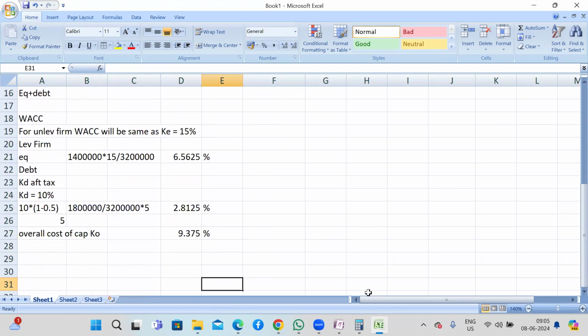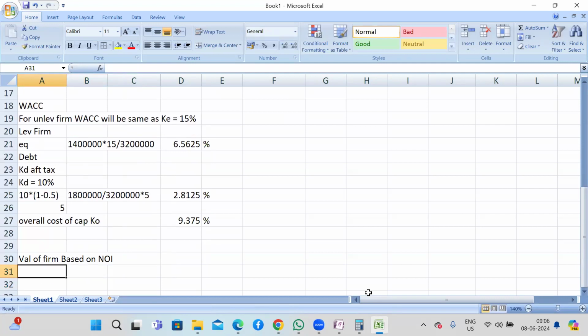So now I'm going to calculate value of firm based on NOI, that is net operating income approach. So first I need to calculate value of unlevered firm. That is company U. So formula is EBIT into 1 minus T divided by KE.